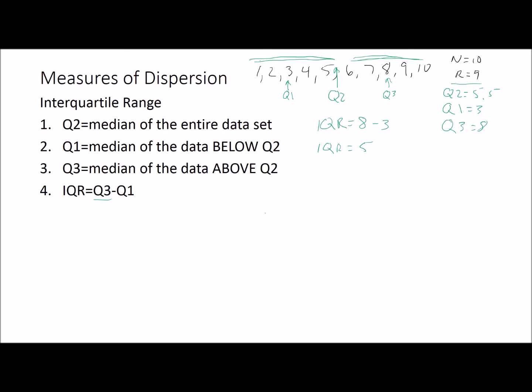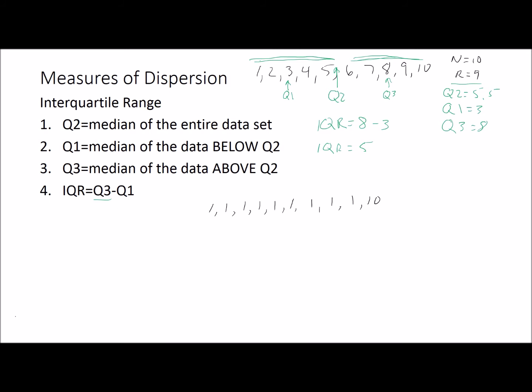Let's take a look now at the other data that we were working with before, which was all ones except for an extreme value of 10. There was very little diversity in the data set. So let's put that up here now. We have nine ones, and then this 10.